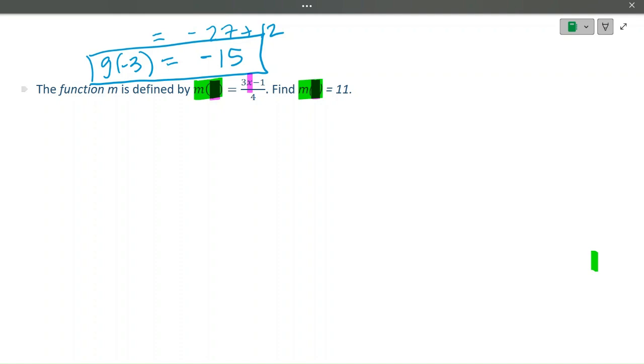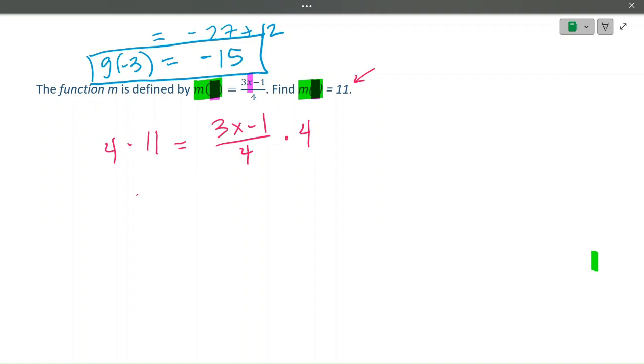Everywhere we see m of x, I am substituting in 11 right here. So I'm solving for x one more time. So 11 equals, remember I replaced all of m of x with 11, 3x minus 1, all over 4, and I am solving for x. I'm going to start by getting this fraction out of my denominator. I'm going to do the opposite of dividing, which is multiplying.